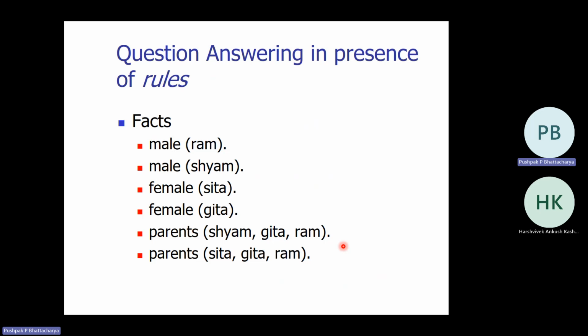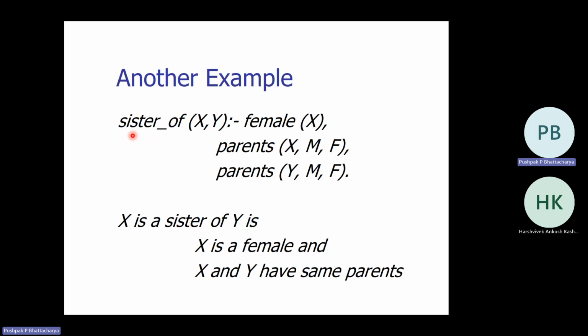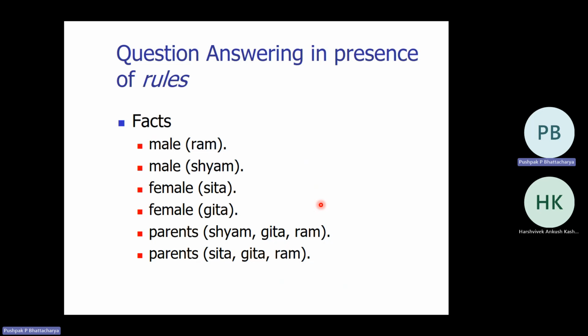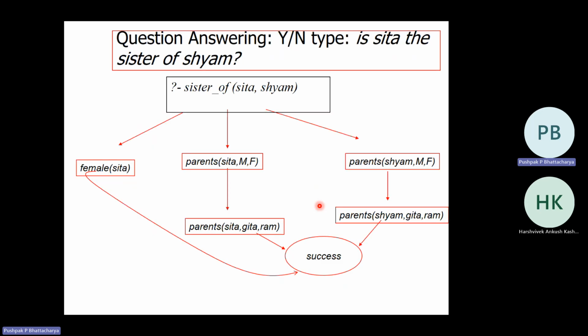Sham's parents are Gita and Ram. Sita's parents are also Gita and Ram. Based on the facts and the rule that defines a sister, we would like to ask: is Sita the sister of Sham? This is called a yes-no question.